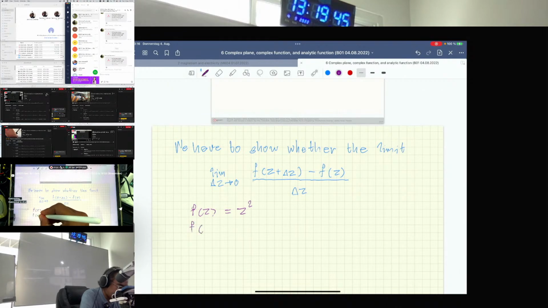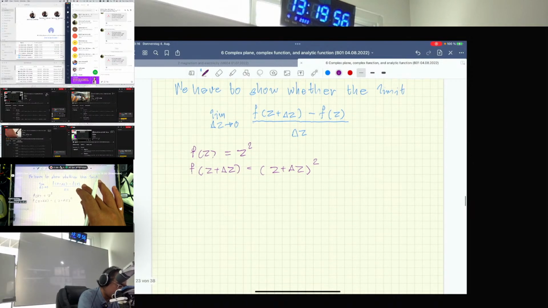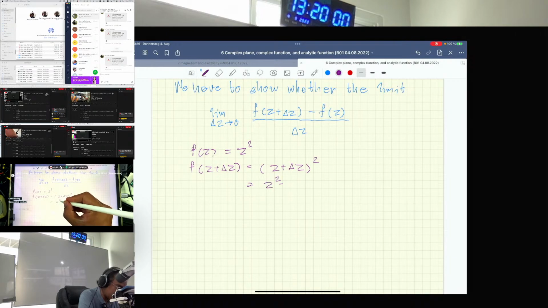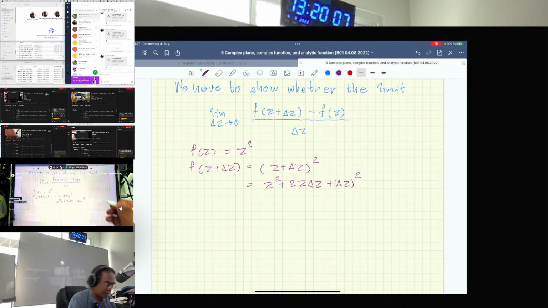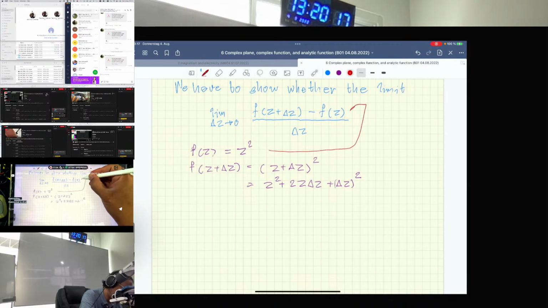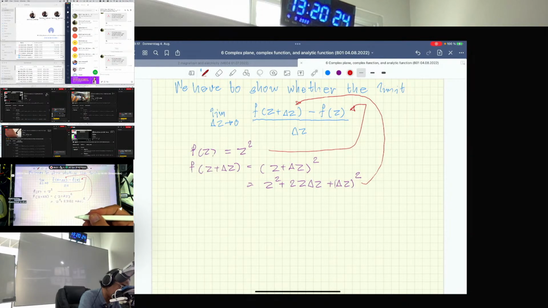And what about f(z plus delta z)? It's going to be (z plus delta z) squared, right? So it's equal to z squared plus 2z delta z plus delta z squared, right? Then we will substitute this one to this location. We will substitute this one to this quantity. All right, so we will show whether this limit exists or not.